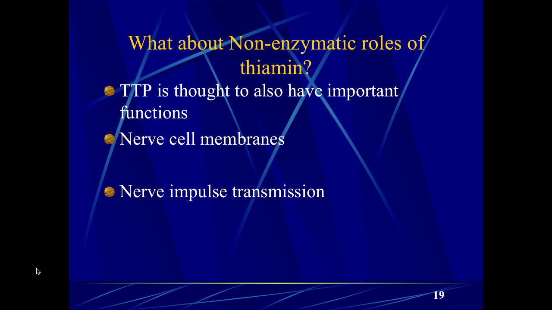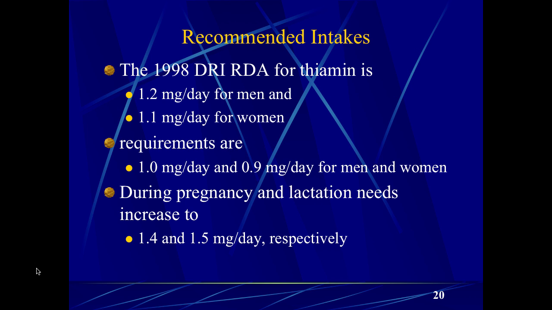Okay, so the recommended intakes. We went through this. This was established in 1998. It hasn't changed since then. The Thiamine Committee set the DRI as an RDA, and these are the amounts. So this is the requirement. Rather than 1.2, 1.1, it's 1 and 0.9. So what do we call this? Estimated average requirement.